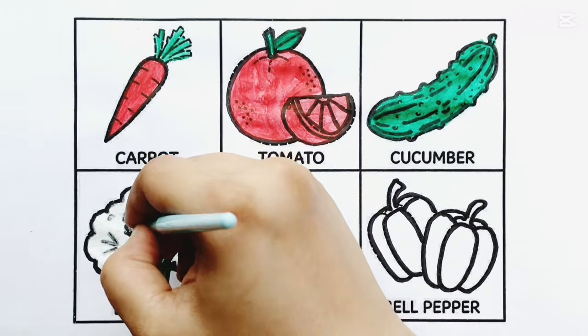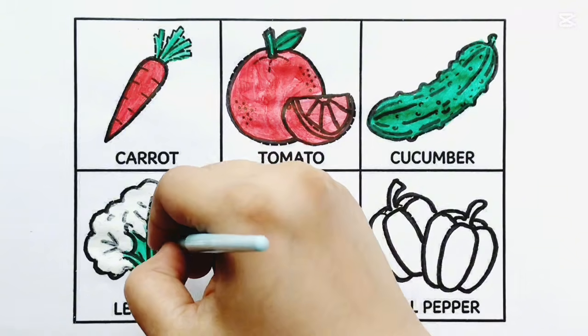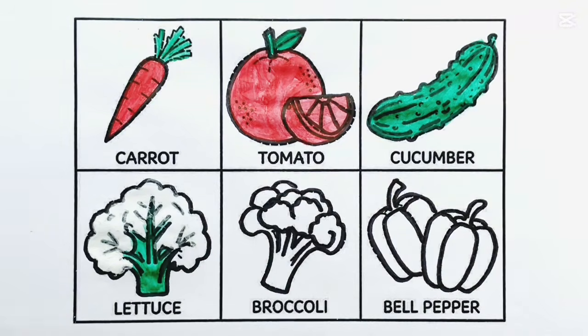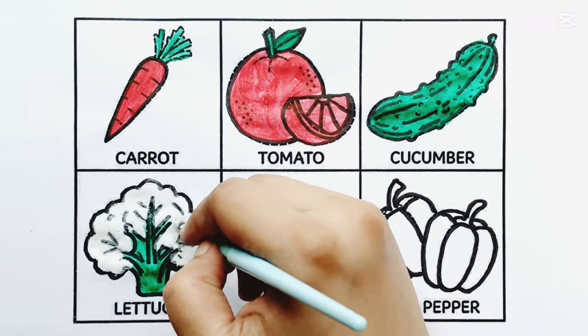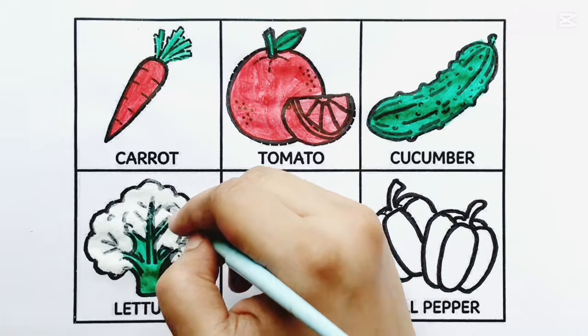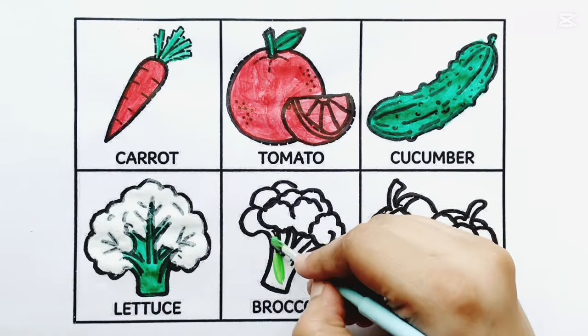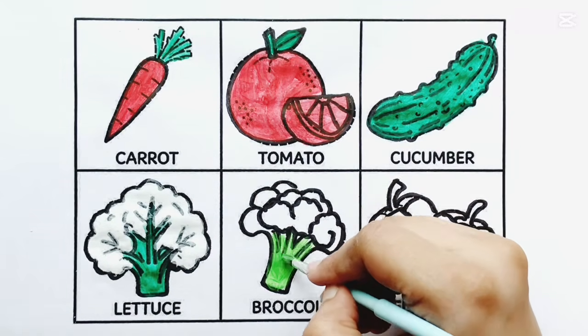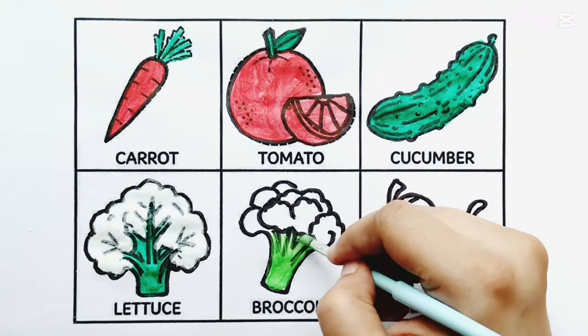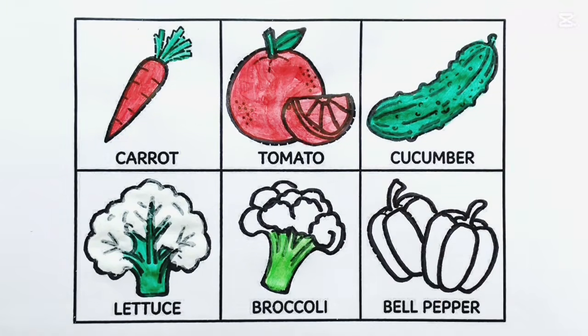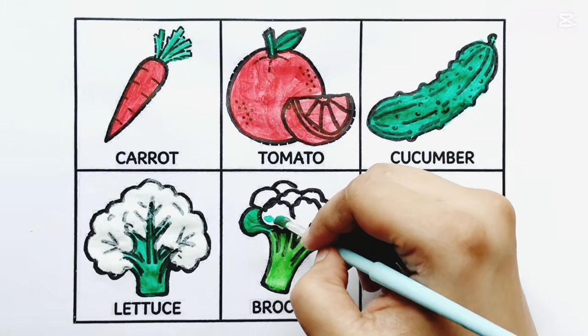Lettuce color is white. B for broccoli. Broccoli color is light and dark green color.